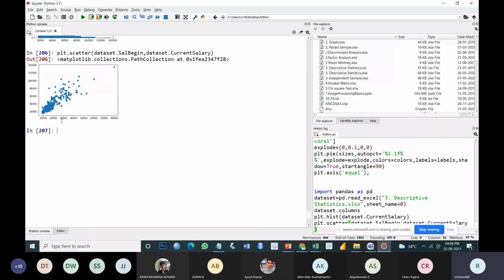So the x-axis is salary begin and the y-axis is current salary. Histogram is a frequency distribution. Scatter plot is used when both x and y axes are continuous variables.